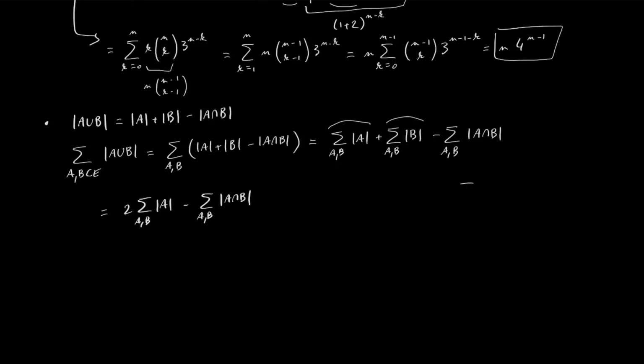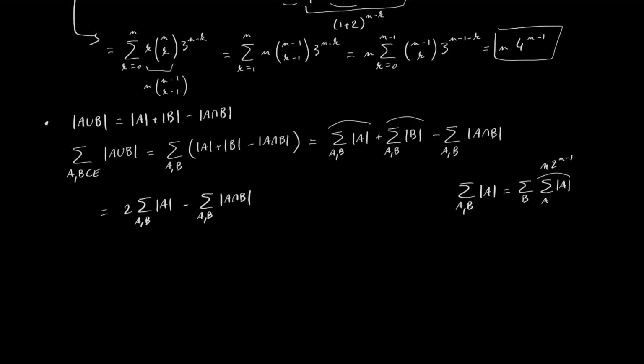Now we note that the sum for all subsets A and B of the cardinality of A is exactly like writing the sum for all subsets B of the sum for all subsets A of the cardinality of A. We have seen previously that the sum for all subsets A of the cardinality of A is equal to n times 2 to the power of n minus 1.